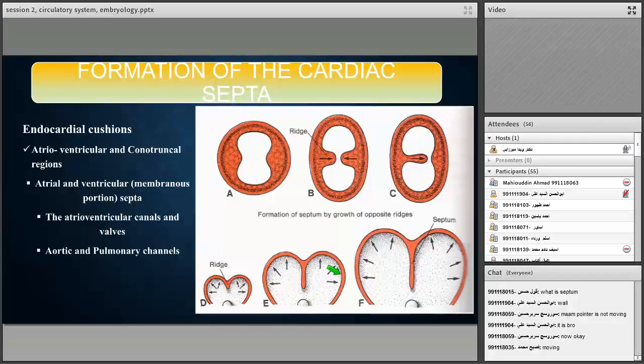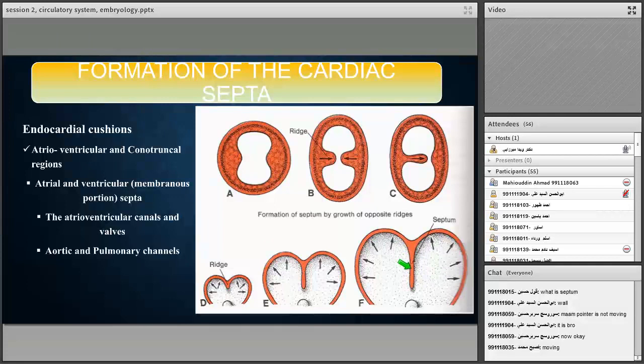But in the area of this ridge, there is no growing. So, this part will form a septum.